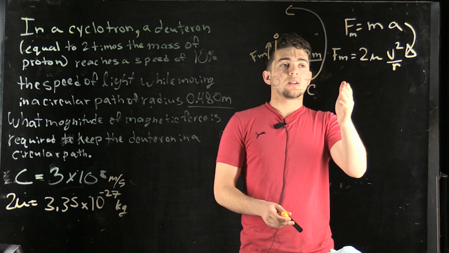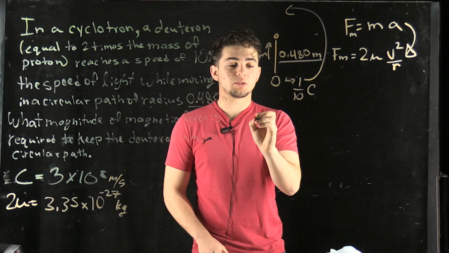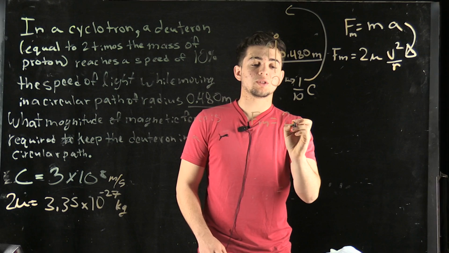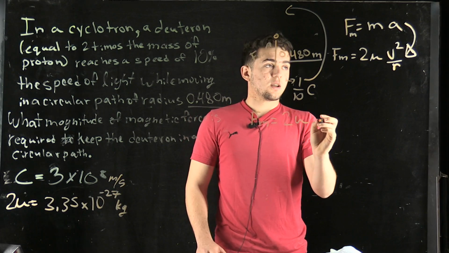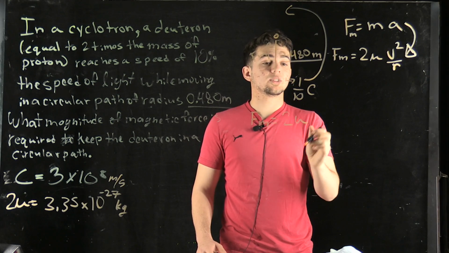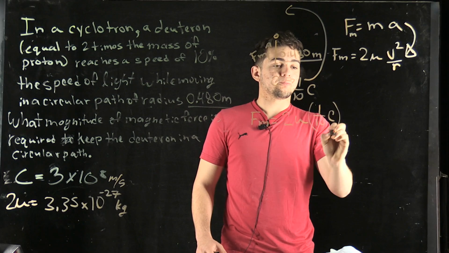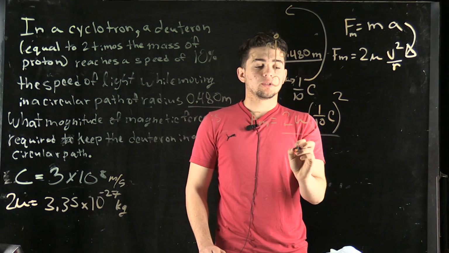Then after that, you plug in all your values. So the magnetic force is equal to 2 times the mass of a proton, 2u, times the velocity squared. The velocity of the deuteron is a tenth of the speed of light, and it's going to be divided by the radius of the circle.